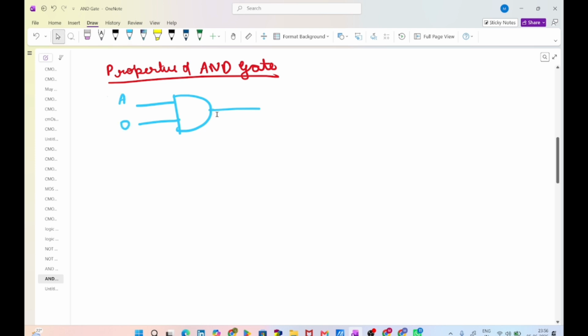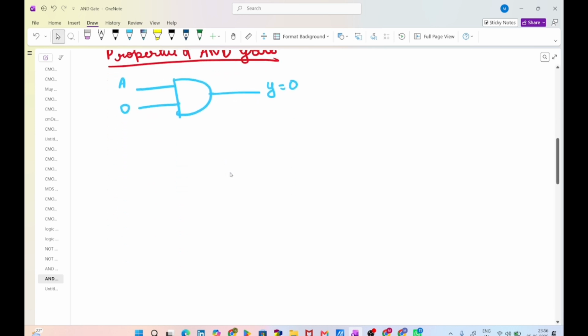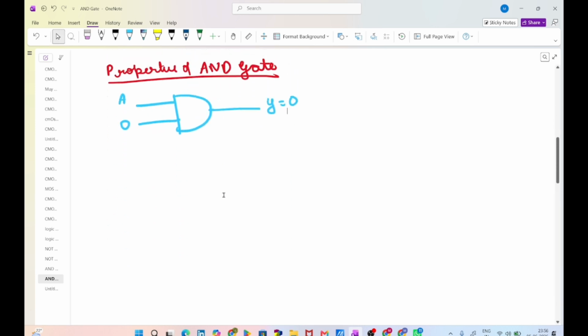You can see in the truth table that when the input B is 0, the output will be 0. That is simple, guys. Here you should write Y is equal to 0. That's it. This is the first case.